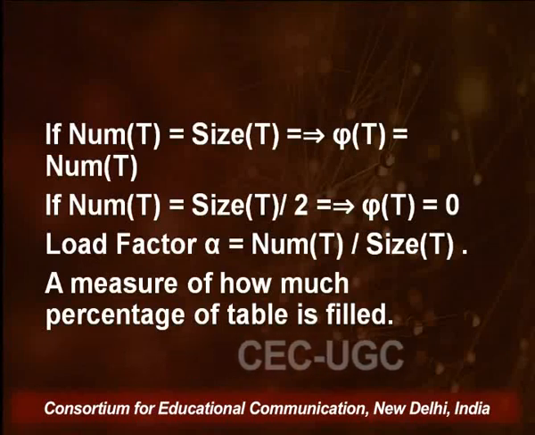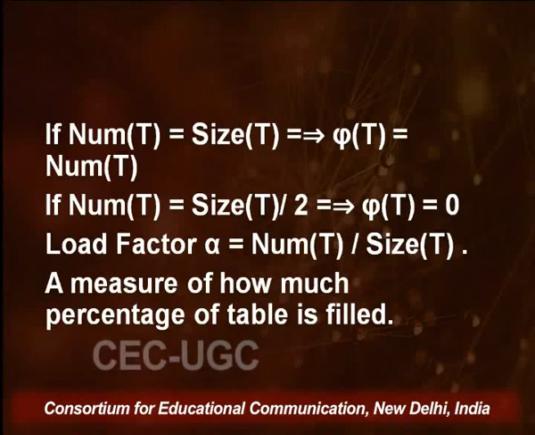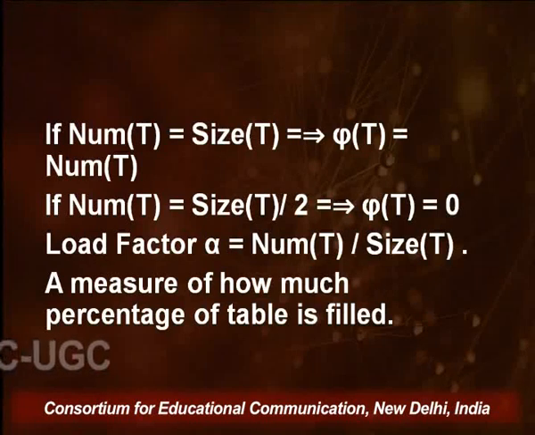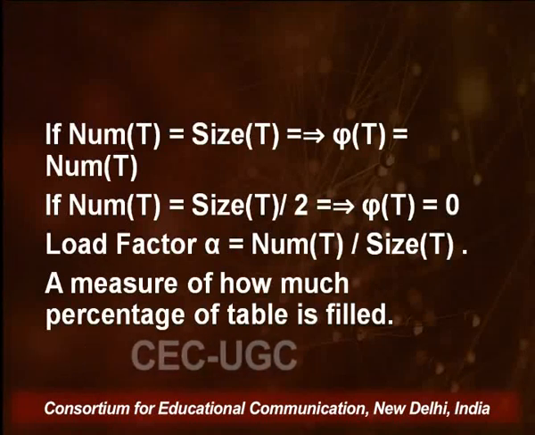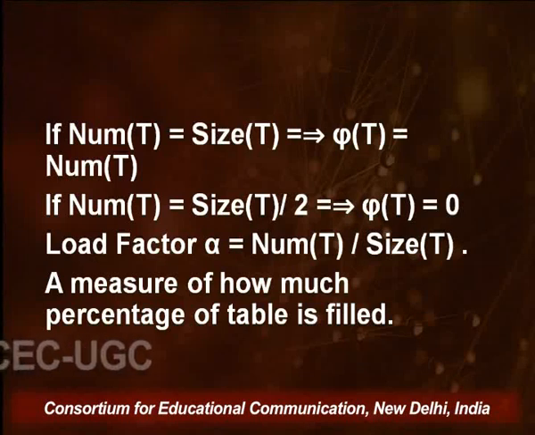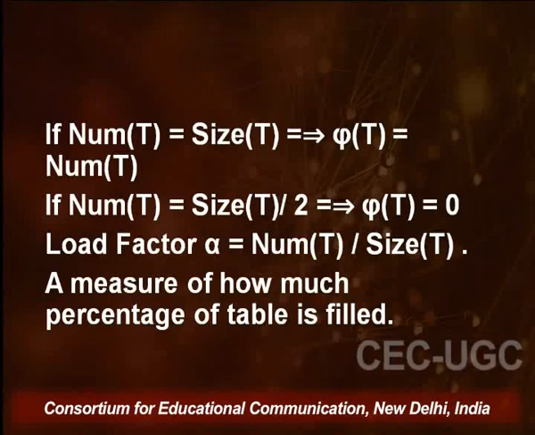Here we have another very important term on which today's whole analysis is based, and that is alpha, which signifies the load factor. Load factor is a measure of how much percentage the table is filled. Alpha is calculated as num[T] divided by size[T]. Today's analysis will revolve around this load factor alpha.